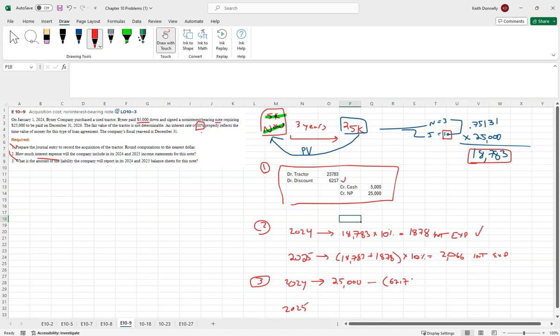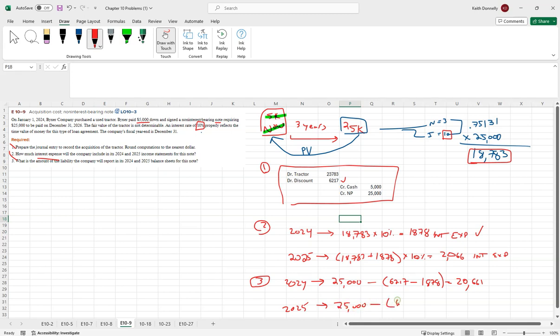So 6,217 minus 1,878, 25 minus the sum of that. We're looking at 21,661 for end of 2024. For end of 2025, we have the $25,000 note.